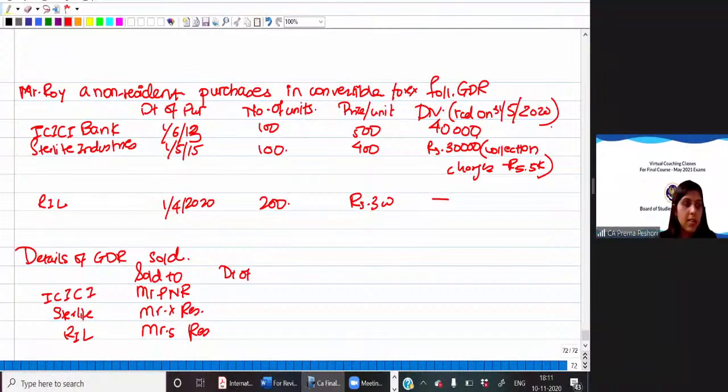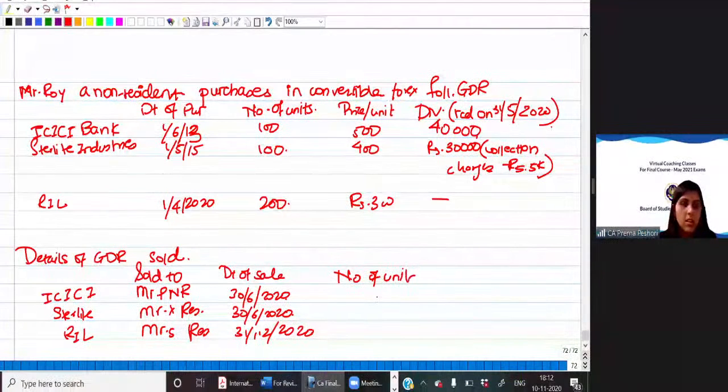Date of sale 30th June 2020, 30th June 2020 and 31st December 2020. Number of units 100, 100 and 100, 200. Price per unit 900, 700 and 800.